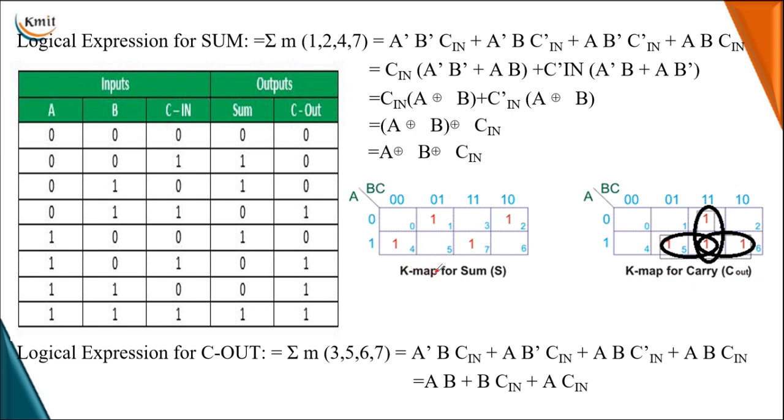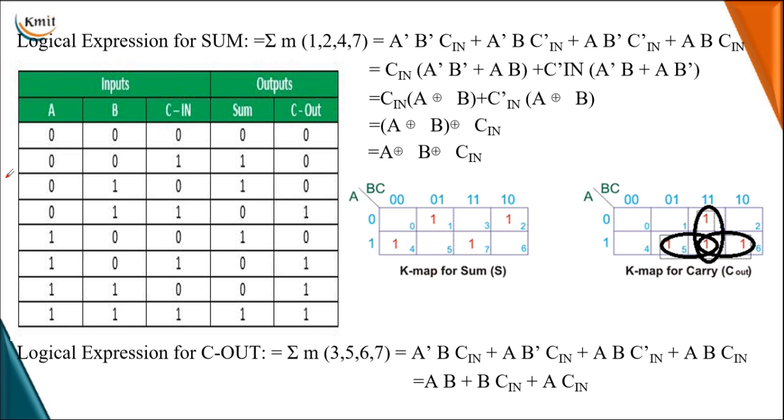As in the summation function, all minterms are arranged diagonally, all are treated as isolated minterms, since there is no pair combination. When there are no pair combinations, we treat all of these as isolated minterms.